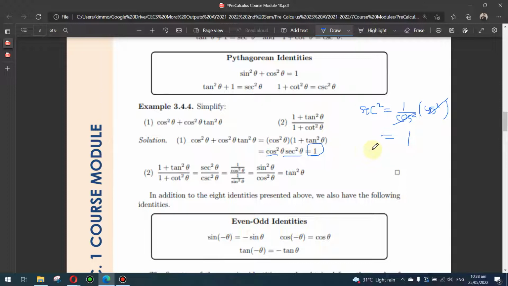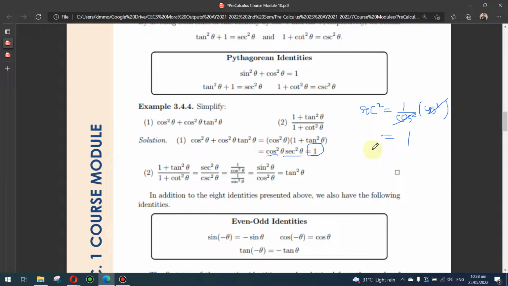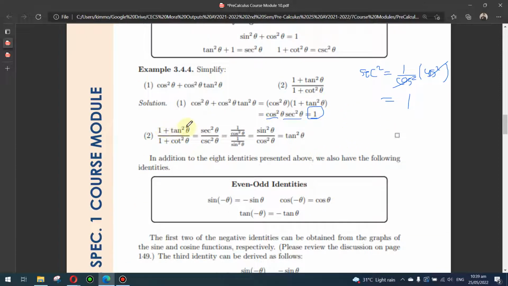Any questions? None, sir. Okay. Number 2, we have 1 plus tangent squared theta over 1 plus cotangent squared theta.